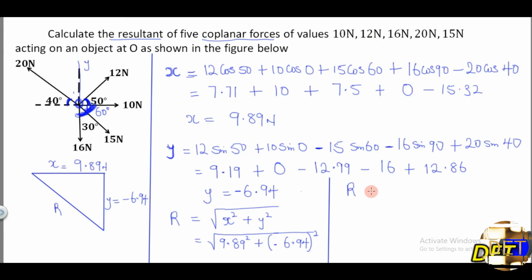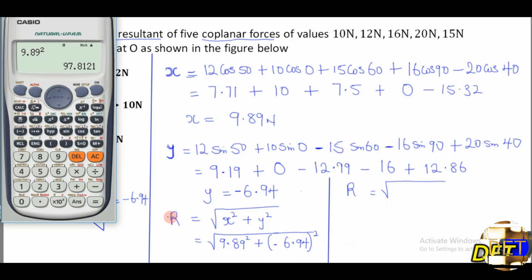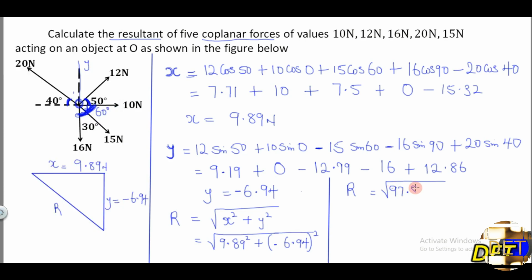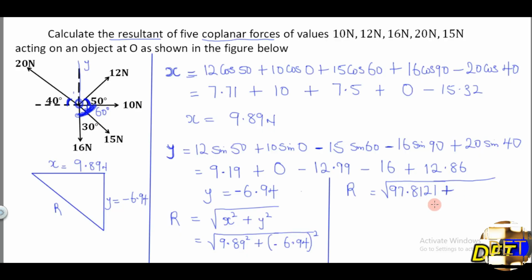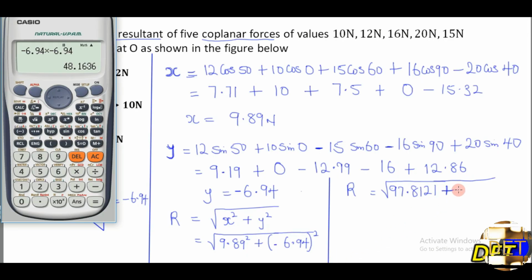So my resultant will be equal to the square root of 97.8121 plus, so minus 6.94 times minus 6.94 is equal to 48.1636. Minus times minus will give you plus, right? So that's how we have this plus here.